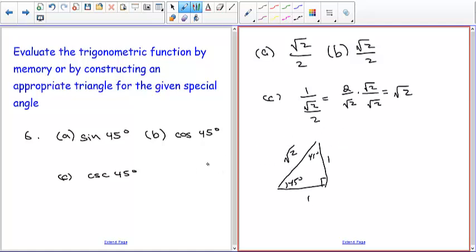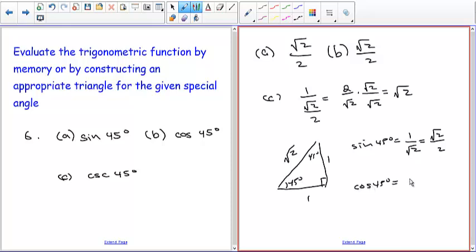So then you can just use the definition. The sine of 45 is going to be the length of the opposite over the hypotenuse, and if you multiply and divide by the square root of 2, you'll get square root of 2 over 2. And the same thing for the cosine of 45 degrees.